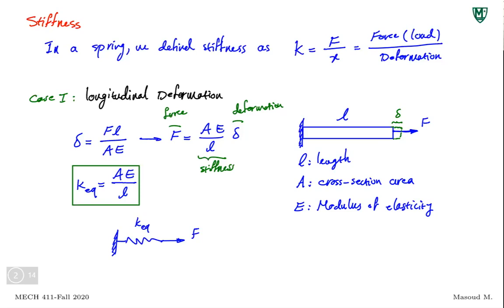Now, if I had a mass attached to the tip of this beam, this could easily be a spring mass system. If I had the beam like this, and I had a mass at the tip, and I was applying this force there, this could easily be a spring mass system. And this is K equivalent.